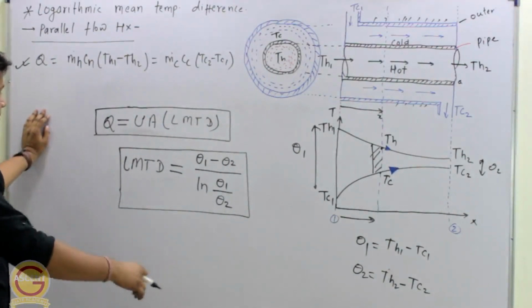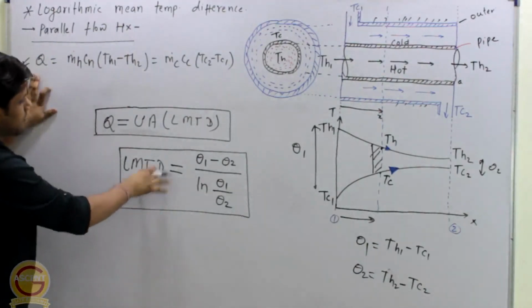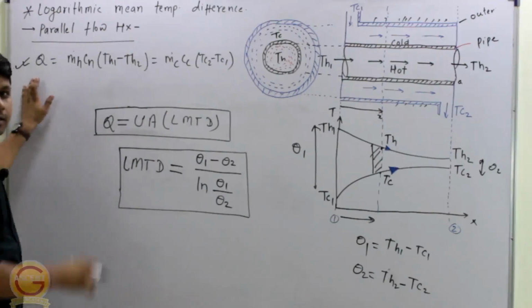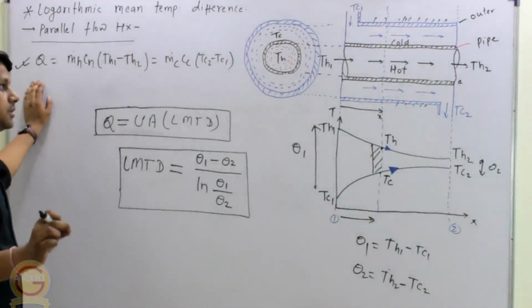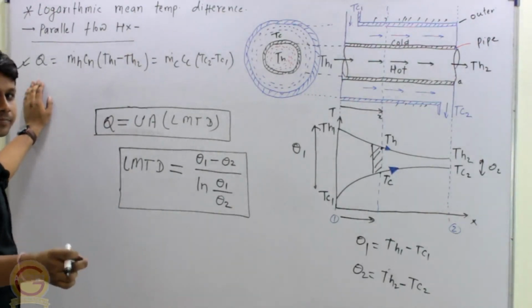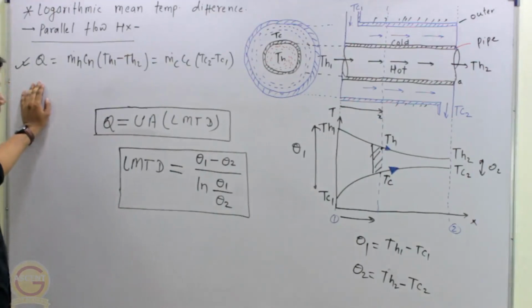So your procedure will be, first of all, calculate the heat transfer from here, calculate the LMTD from here, put in the LMTD, and you will get the area of heat exchanger, right? So heat exchangers are very easy. Just get the concepts. If you are clear with the concepts, it is a very easy topic, right?